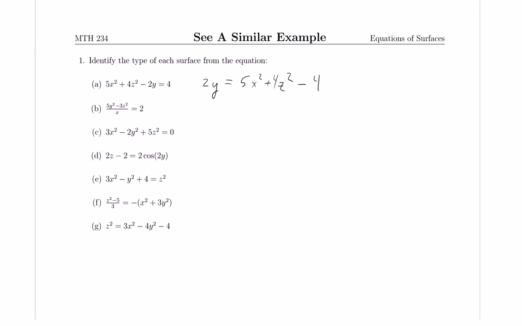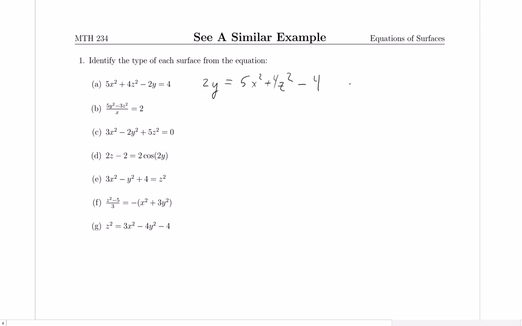And since the equation is solved for one of the variables, in this case y, because it's not squared and it's on its own side of the equation, adding or subtracting a constant from the other side doesn't change the shape of the graph. It just shifts it up and down in the y direction in this case. So that minus 4 doesn't really change what type of surface it is.